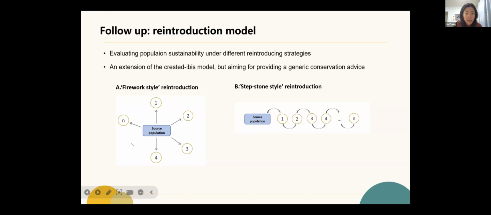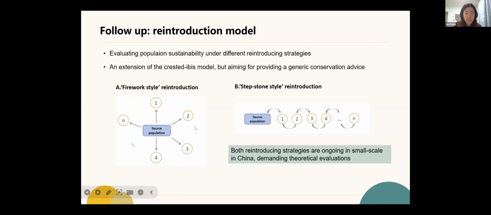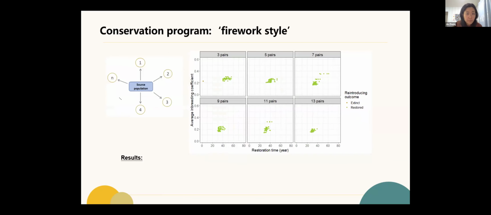This is an extension of the crested ibis model, but it aims to provide more generic conservation advice. These two types of strategies are actually ongoing on a small scale in China, so it really demands theoretical evaluation of their efficiency.